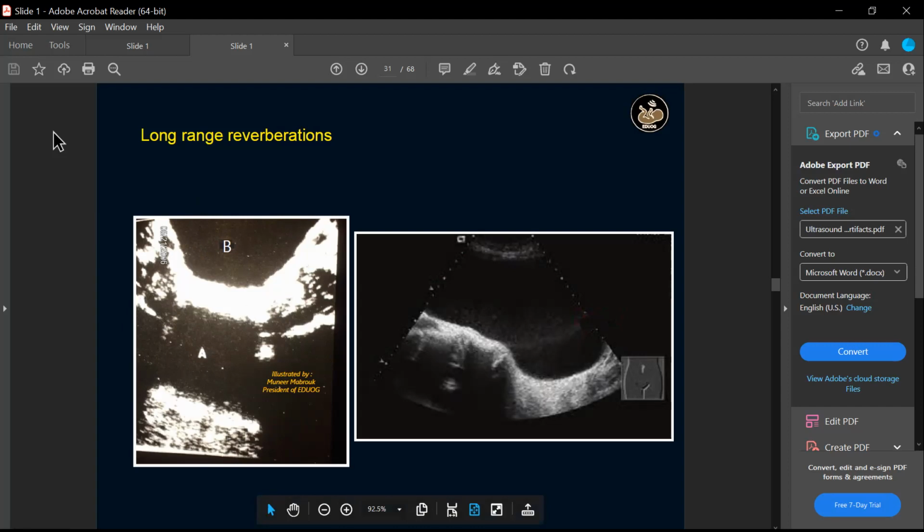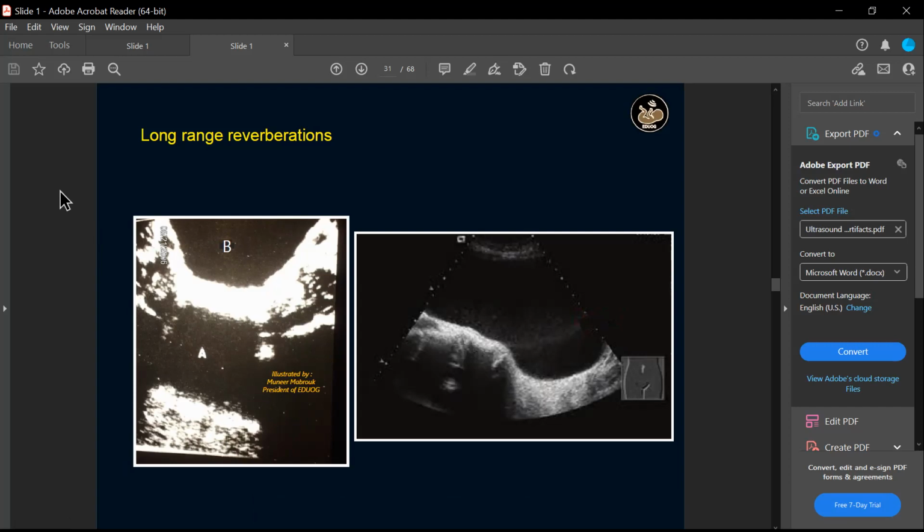Who can tell about this? Whenever you scan, you see this. She walks and goes to the bathroom and empties the bowel, and she comes back, you see the same image. And the history is that she underwent total hysterectomy 2 years ago.